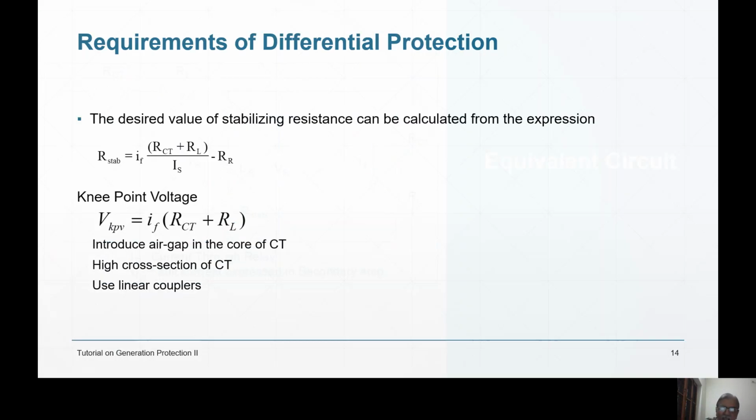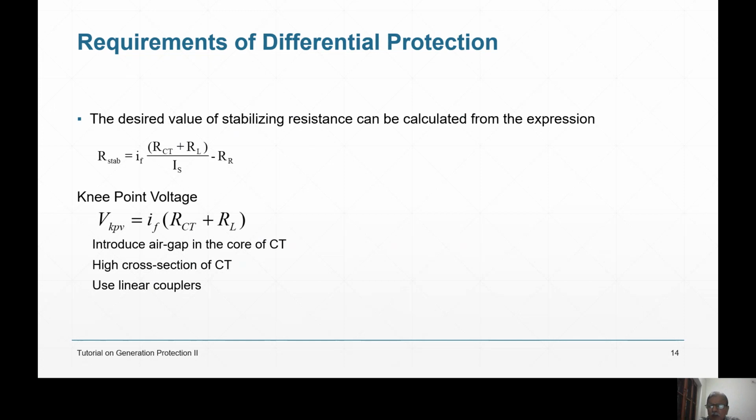So if you go further, our equation is R step is equal to IF. IR is the relay current, but I am considering the set current IS. So the value of R step from that is IF times RCT plus RL upon IS, minus RR. This value of R step you should connect.